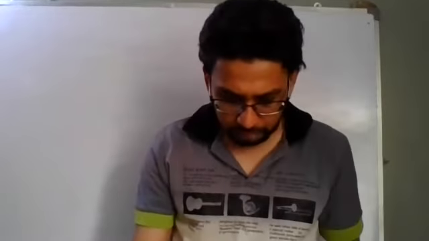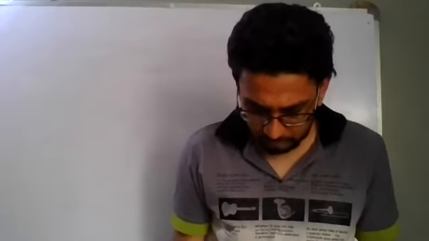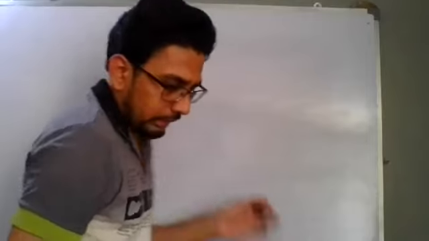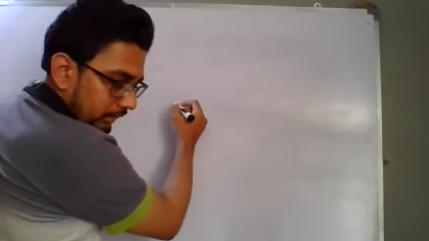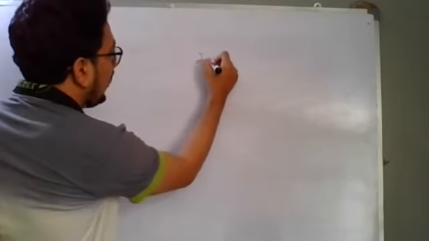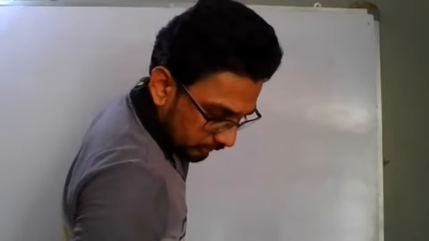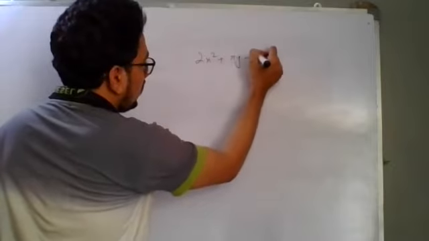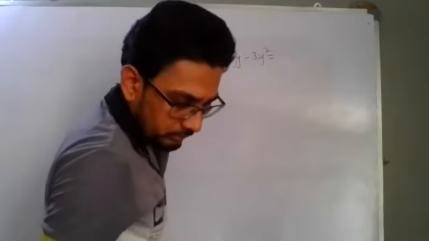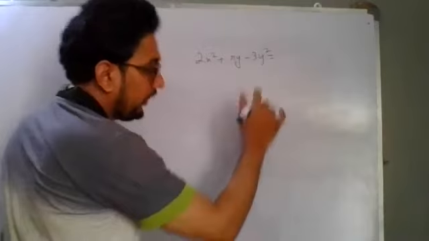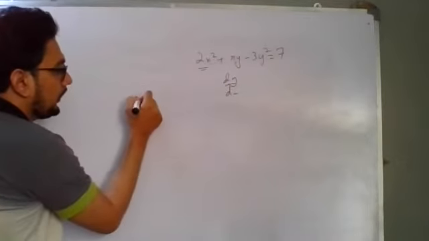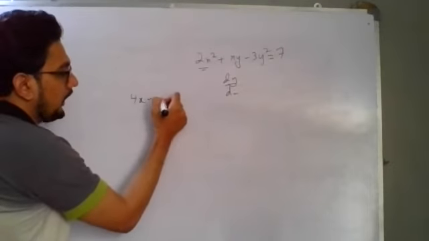It says that x and y are related by the equation 2x square plus xy minus 3y square is equal to 7. First of all, we have to find dy over dx. Taking the differential, it will become 4x plus x.